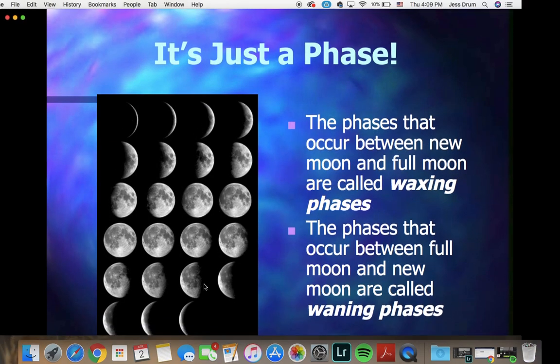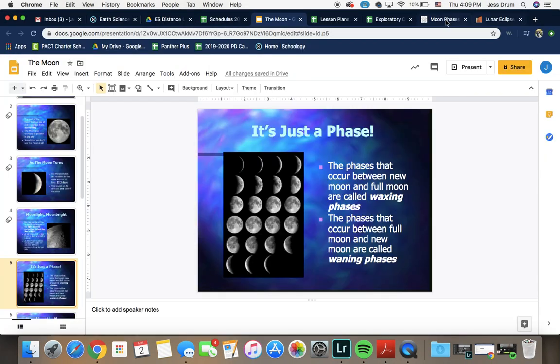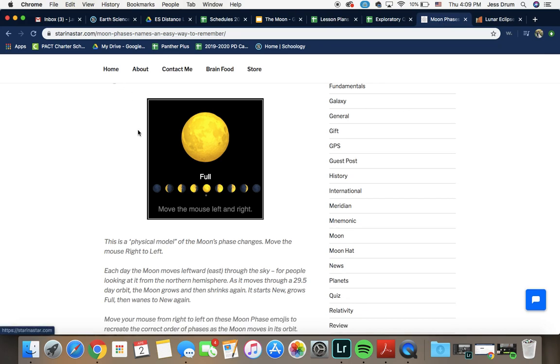Let me show you guys a diagram. This little diagram here is able to show us what each portion of the moon is called. When the moon looks like this, the sun is only reflecting that little portion of the moon. That's called a waning crescent.